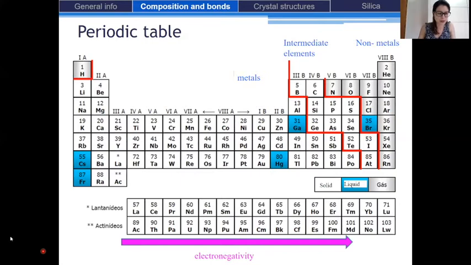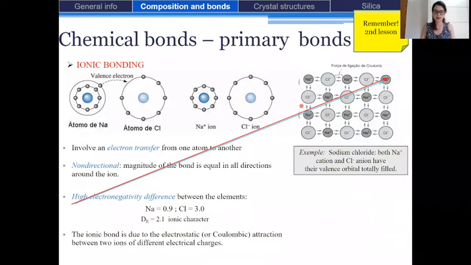So I will draw it, it will be easier. It increases from here in that direction. I hope you can see. Okay, just to remember, because it will be useful in the next slide. So I'm going to remove it.